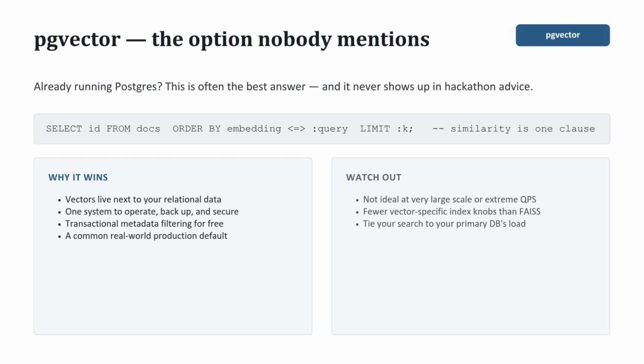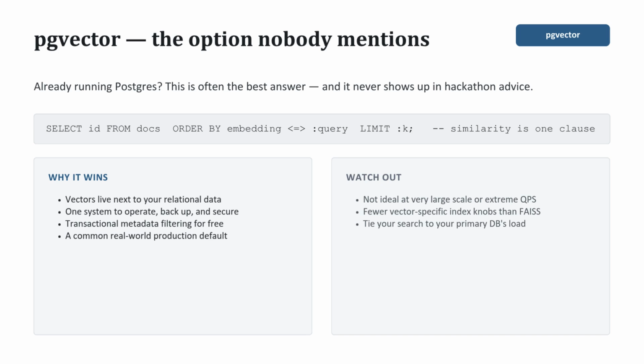But this is actually the one nobody tells you about if you start your AI engineering with hackathon projects. It's pgvector. If you are already running Postgres, you have to start here. Your vectors just live right next to the rest of your data. One system to run, one thing to back up, filtering basically for free.